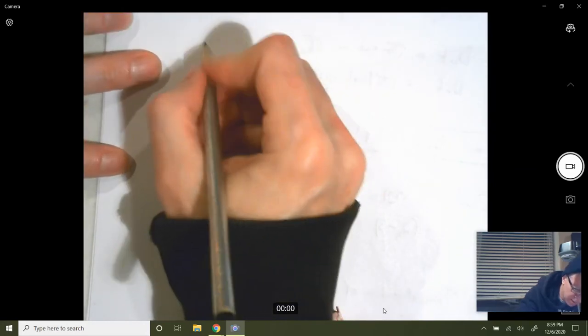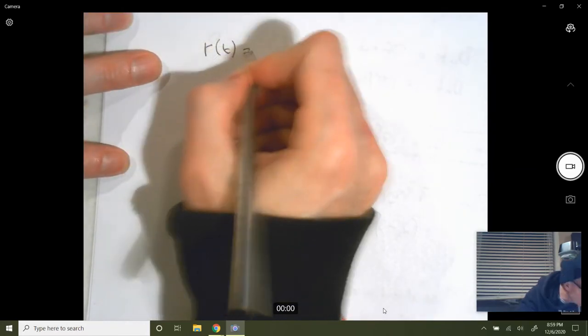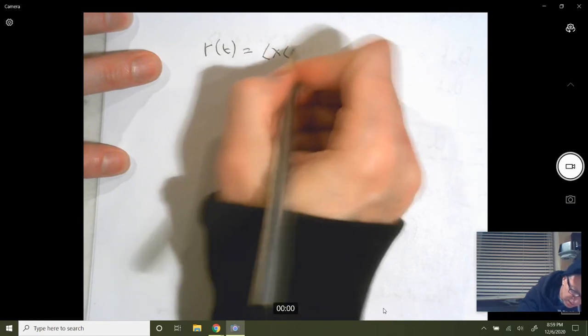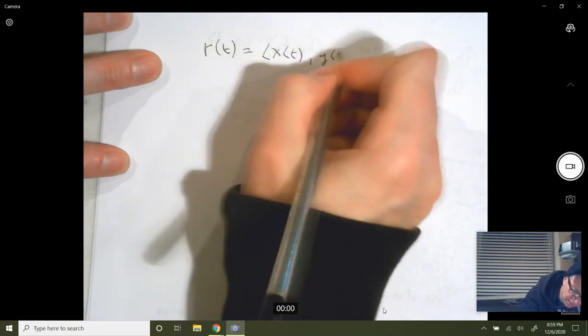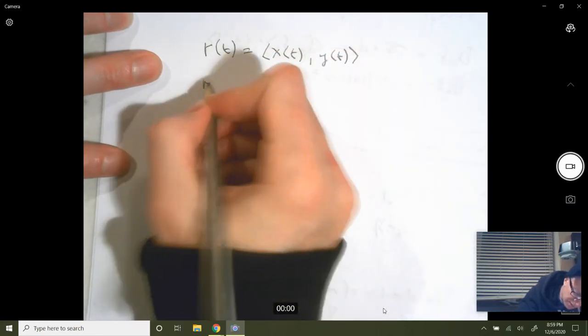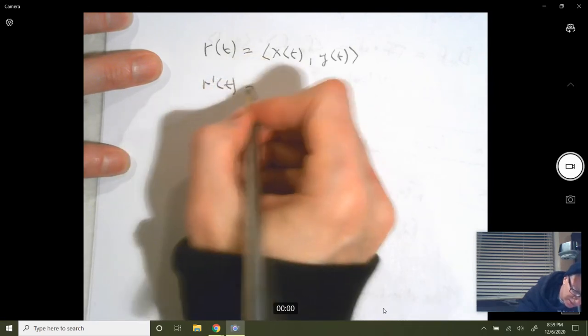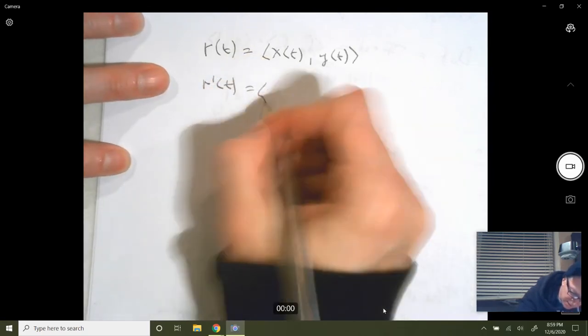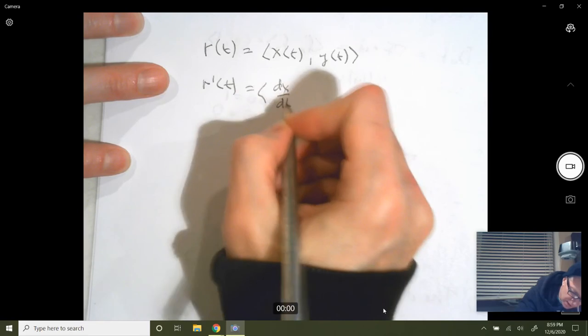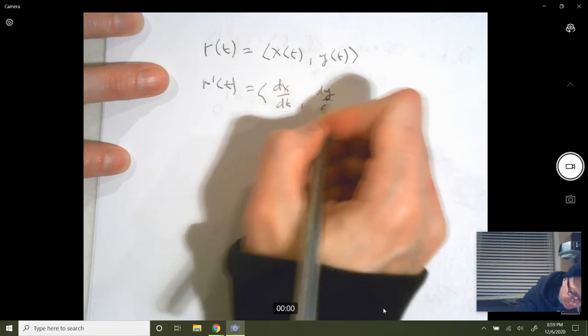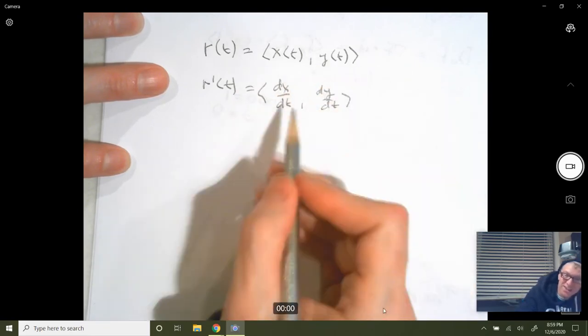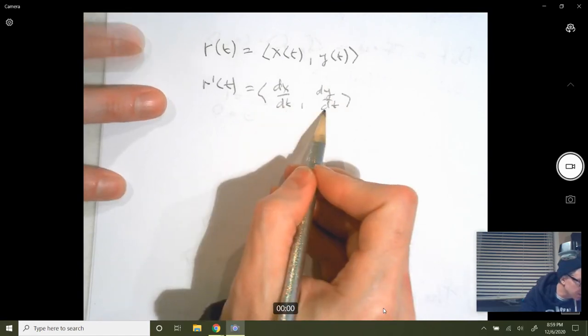we're going to say that we've got r of t is equal to some vector x of t, y of t. Okay, so r prime of t is going to be tangent to that curve. So that's going to be dx dt, comma, dy dt. Now we know that these are always in the direction of the gradient, okay?